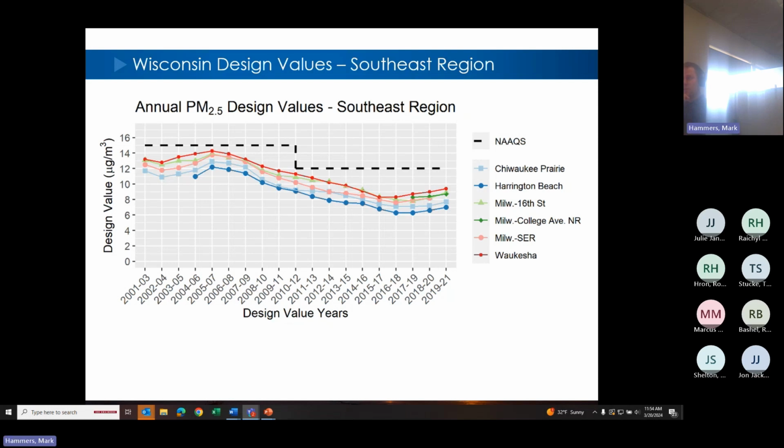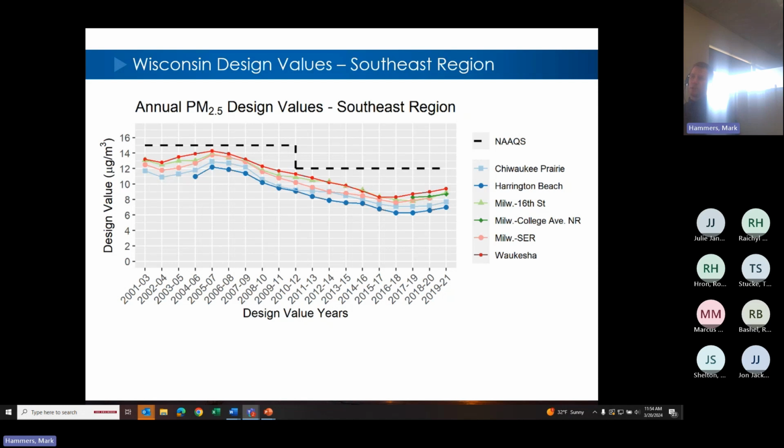Next slide will be the inland region. But you can see the black dashed line is the NAAQS, right? For PM2.5 annual. So it used to be 15. It got decreased down to 12. And then now it's going to get decreased down to 9.